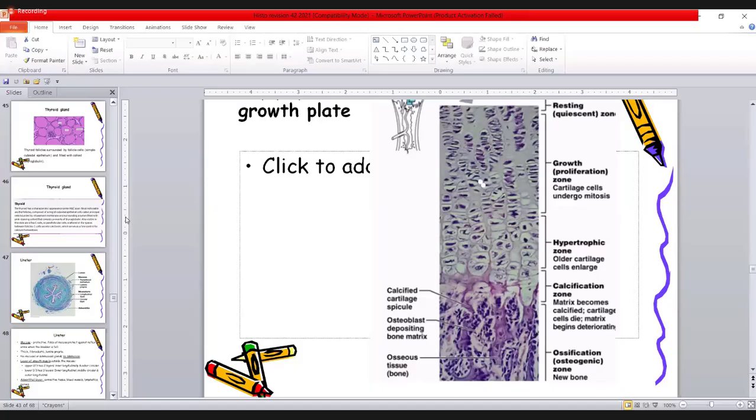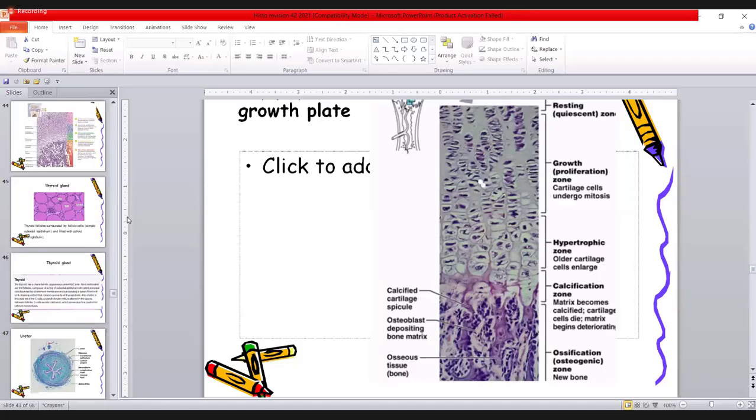Histological arrangement of a gland. Let's take the easiest gland, the thyroid gland. Describe the histological arrangement of the thyroid gland. It consists of thyroid follicles, yes.